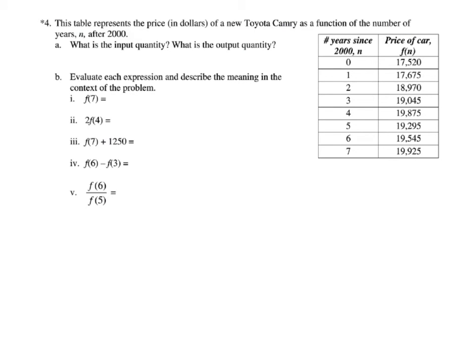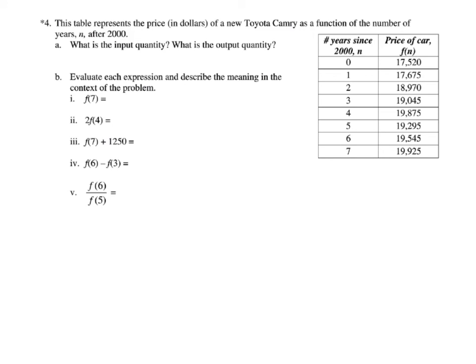Also, question 4 of Module 3 Investigation 3 provides you with more opportunities to interpret function notation in the context of a problem. An important feature of this problem is that you can determine both in-context descriptions and numerical answers for the function notation in this problem.